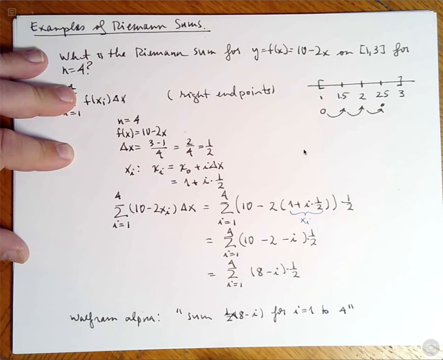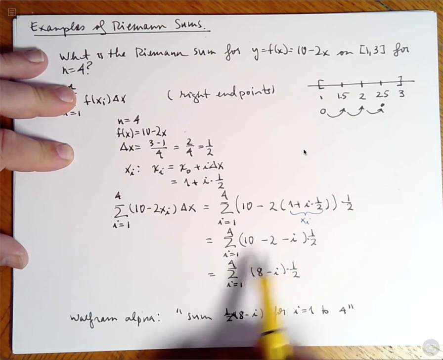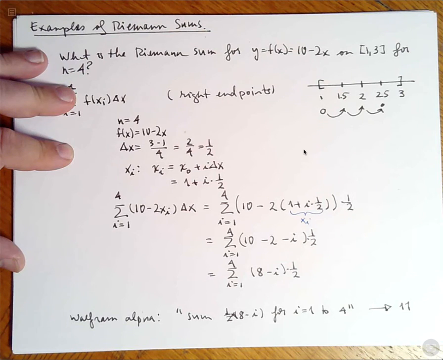Type that in, and Wolfram Alpha will understand what that means. It'll show you this summation, showing how it interprets it, and then it will give you the number 11. So that's what you should get.